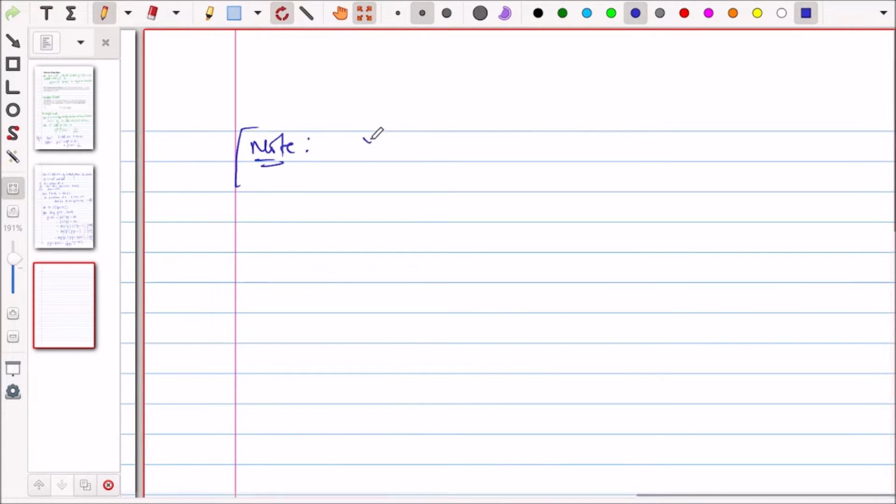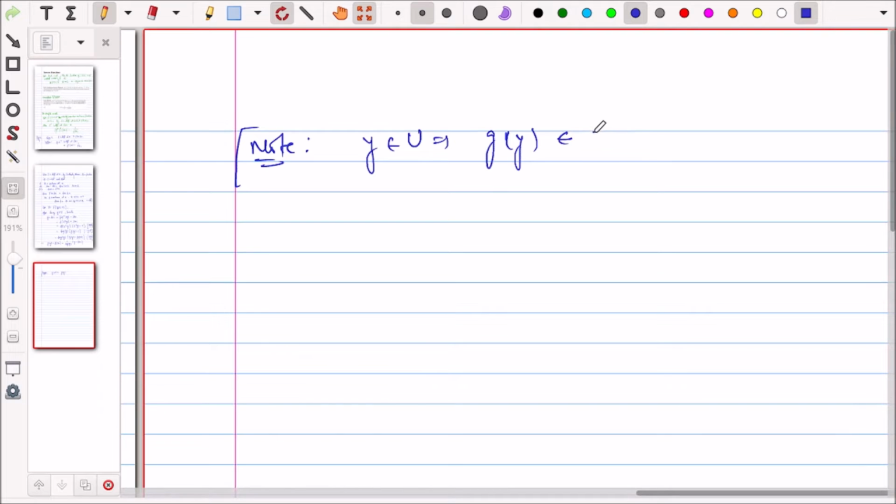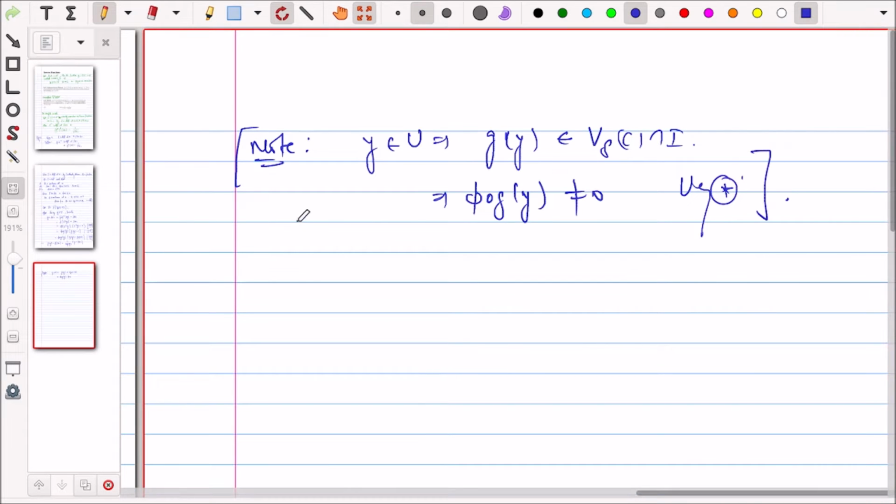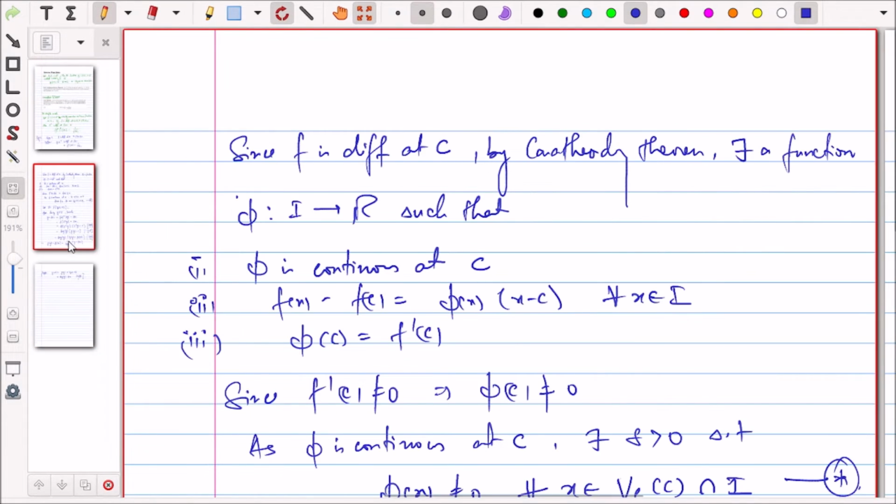Note y belonging to u implies gy belongs to v delta c intersection I, and this implies phi of gy is non-zero, using star. So it is non-zero, so we can divide.